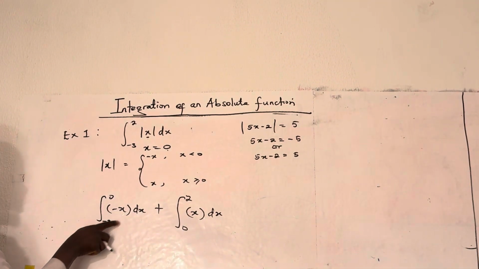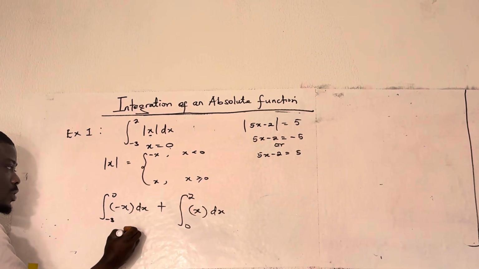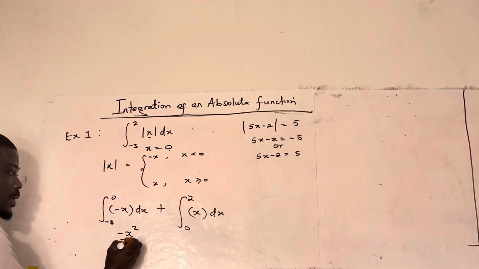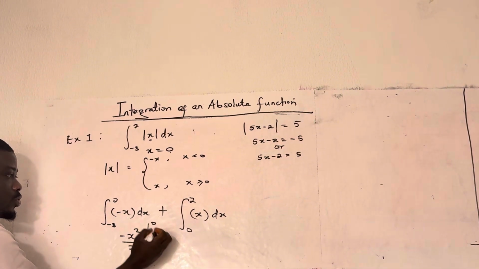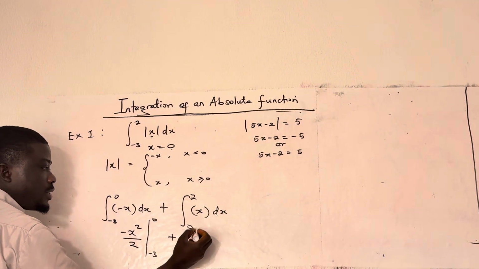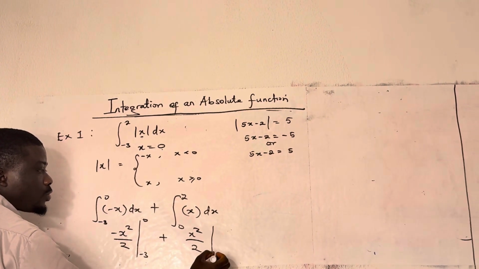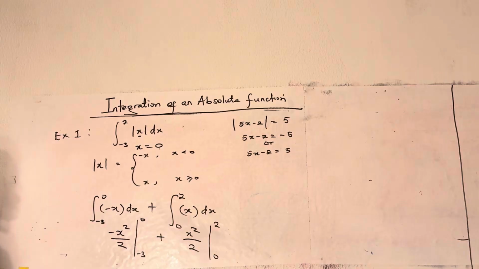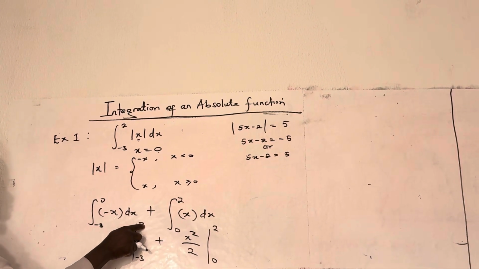The next thing is to integrate. We are going to have minus x squared divided by 2 with the limit from minus 3 to 0, plus x squared divided by 2 from 0 to 2.